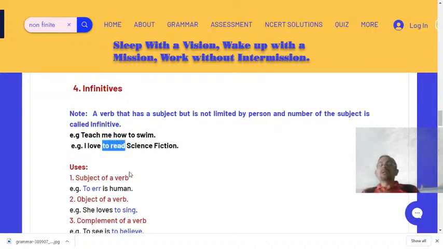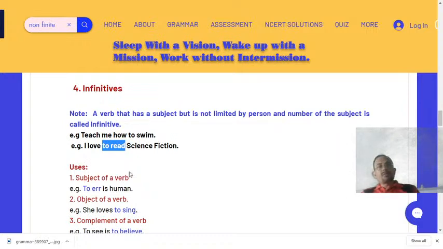Always remember that an infinitive never agrees with the subject, whereas the finite verb agrees with the subject. So whenever we see in a sentence that a verb agrees with the subject, that verb is called a finite verb, and the verb that does not agree with the subject is called a non-finite verb, and to be more specific in the context of this topic, it is called an infinitive.